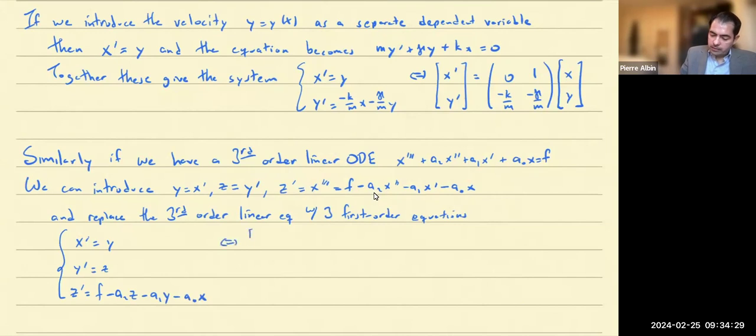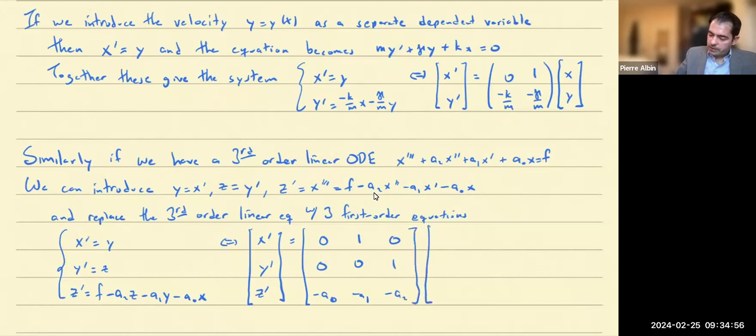Or in matrix vector form, we have the vector x prime, y prime, z prime, and it's given by multiplication of the matrix with rows 0, 1, 0; 0, 0, 1; minus a0, minus a1, minus a2, times the vector x, y, z, plus the forcing term, which is only affecting the final coordinate.